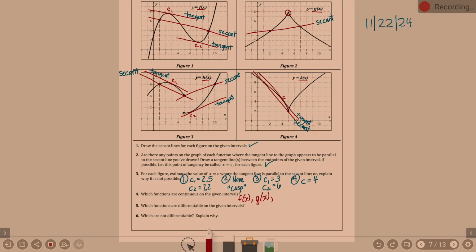That's a very basic version of continuous, but that's the general idea I always go back to. What about H? No, that's two pieces. There's a jump discontinuity there, maybe you could call it. That's a no-go. What about K? Yes, it is continuous. So those are continuous on the given intervals.